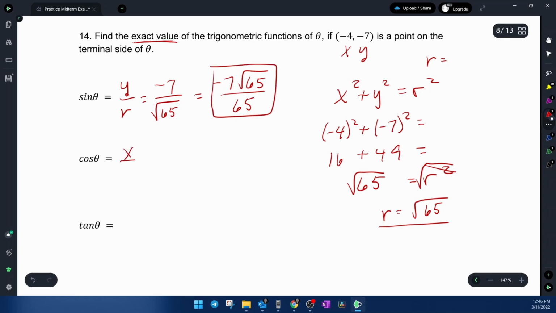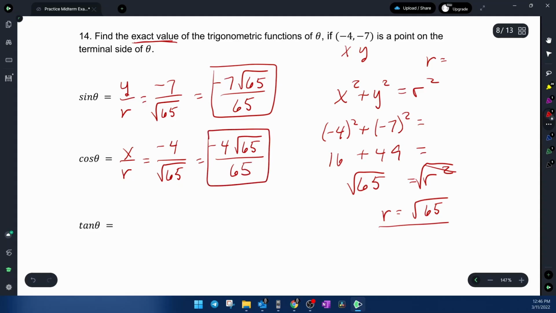Cosine is x over r, which in this case would be negative 4 over square root of 65, which also needs to be rationalized. Negative 4 square root of 65 all over 65. And tangent is y over x, negative 7 over negative 4. And to simplify, a negative over a negative makes a positive.